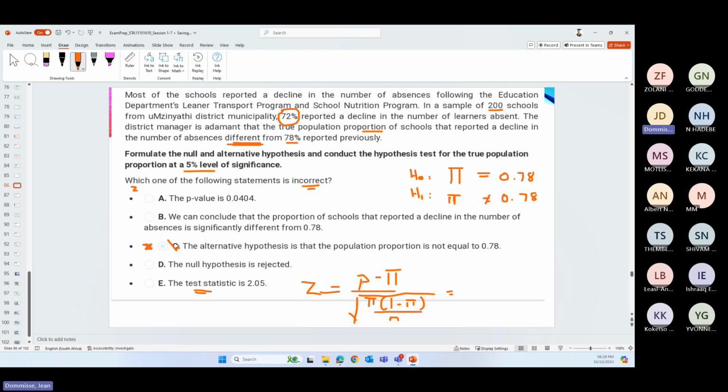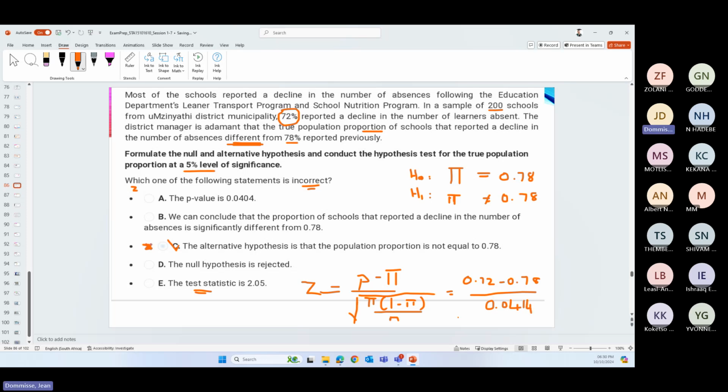So let's first work out this one. It is 0.72 minus 0.78. Okay, that's interesting, so that is going to be negative, actually. Then 0.78 times 0.22 divided by 100, square root of that, so we're going to divide by 0.0414.